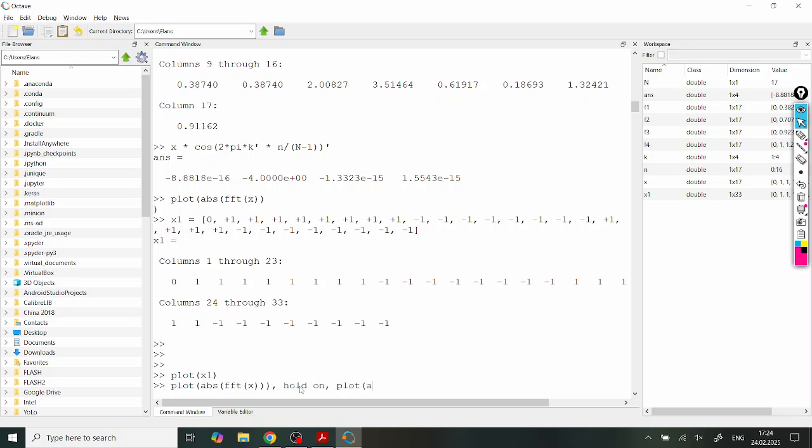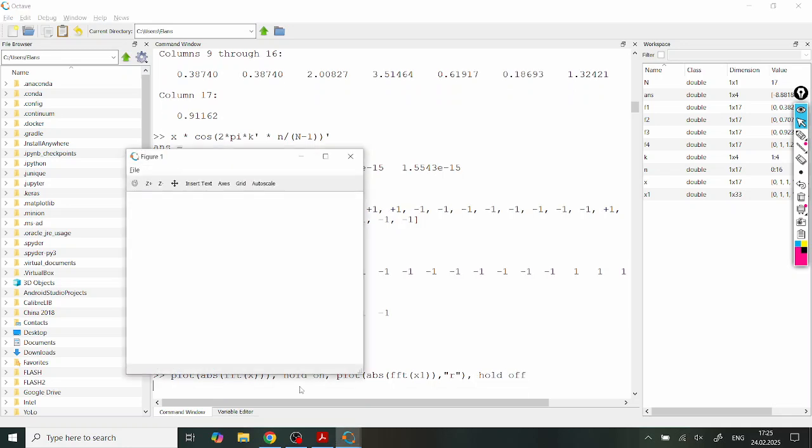Plot absolute value of FFT x1. Now x consists of 4 samples per one or 0, and x1 consists of 8 samples, so more data actually, yes? So let's see if it actually changes anything. I want just it to be a red color though. And hold off.